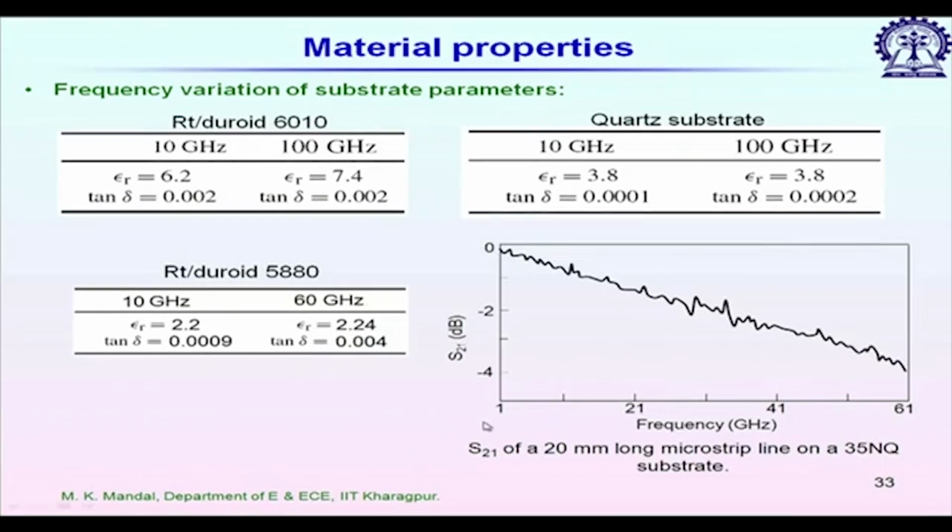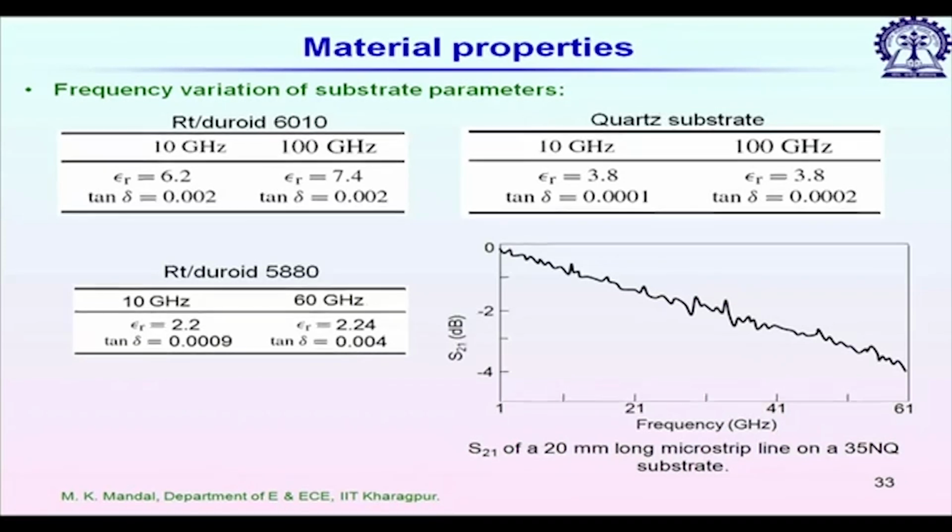At 1 gigahertz, the loss is just 0.1 or 0.2 dB, and at, let us say, 20 gigahertz, it increases to 1.2 to 1.3 dB, but for the same microstrip line at 60 gigahertz, loss increases to almost 4 dB.